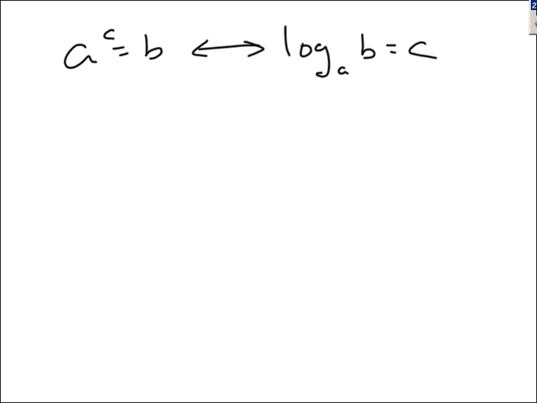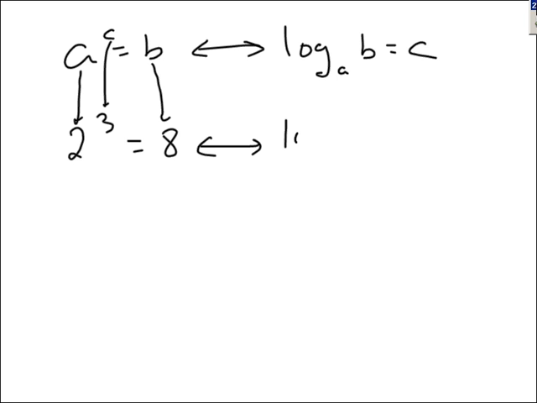Okay, so now we're going to convert backwards. Remember that log base A of B equals C is the same as A to the C equals B. So if you're given 2 to the 3 equals 8, well, A is 2, C is 3, and B is 8.